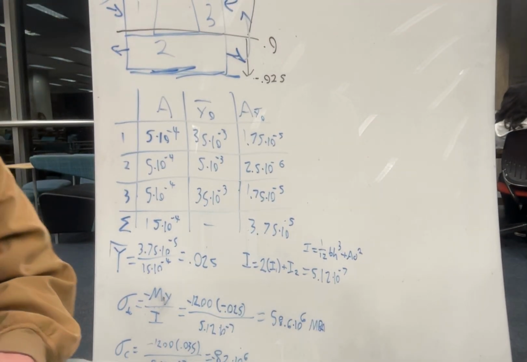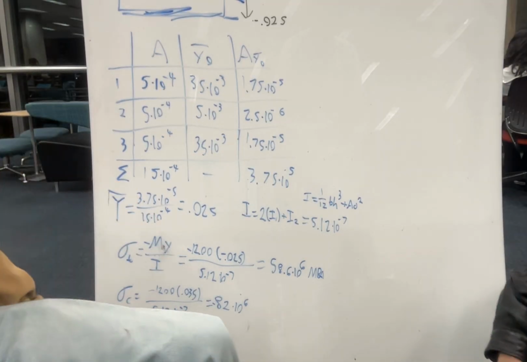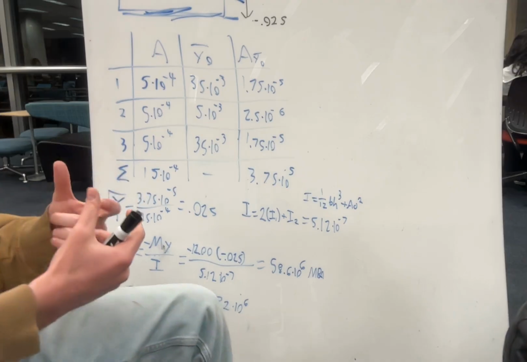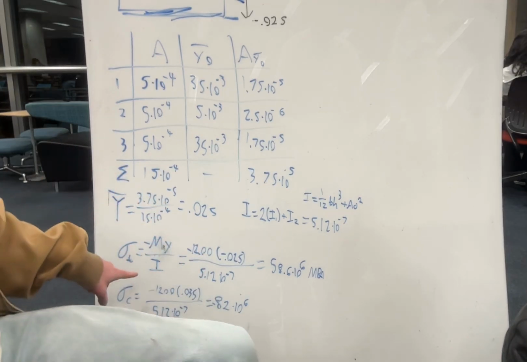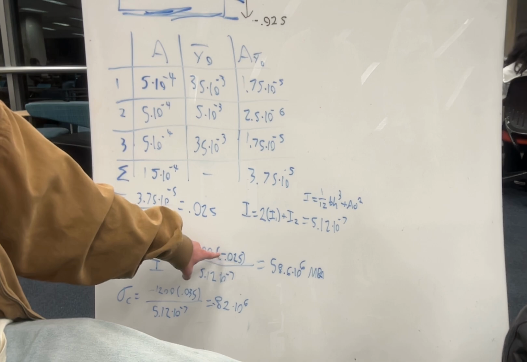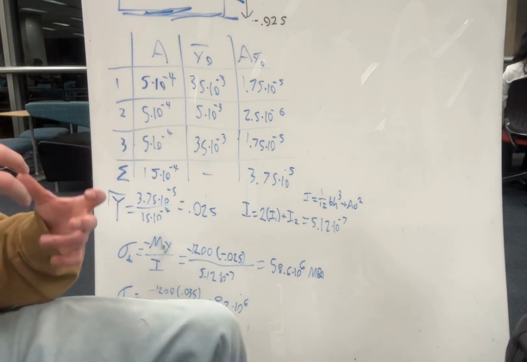This way conceptually makes sense. So this is multiplied by a negative, and tensile forces are positive, compressive forces are negative. So in order to get the tensile force, we need to use a negative global centroid value so that the negatives cancel out and we get a positive.